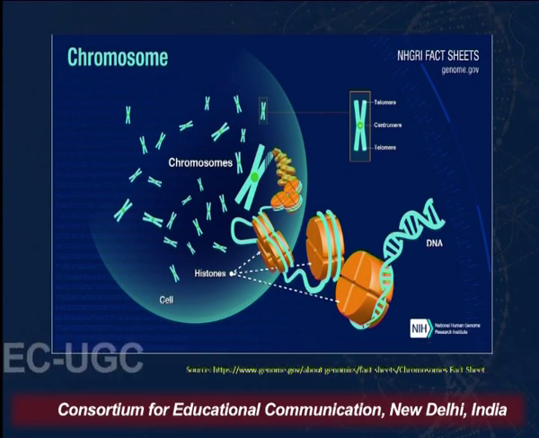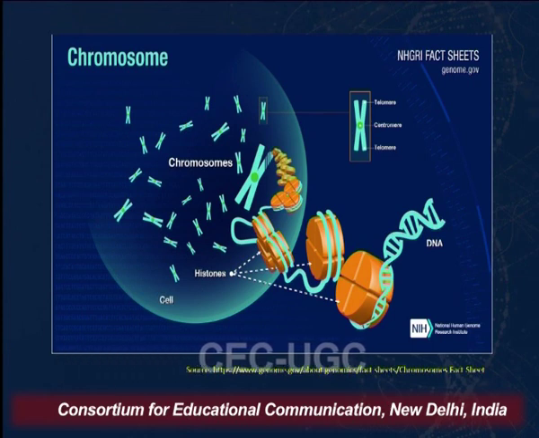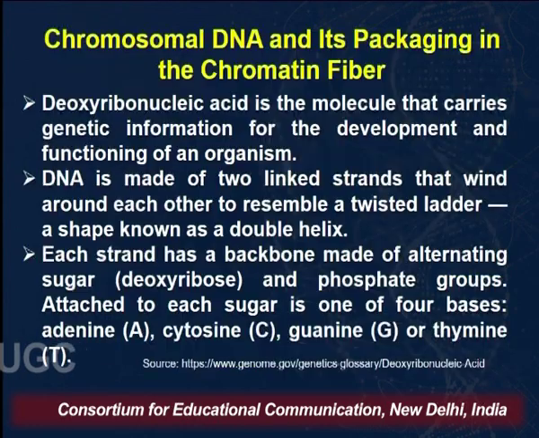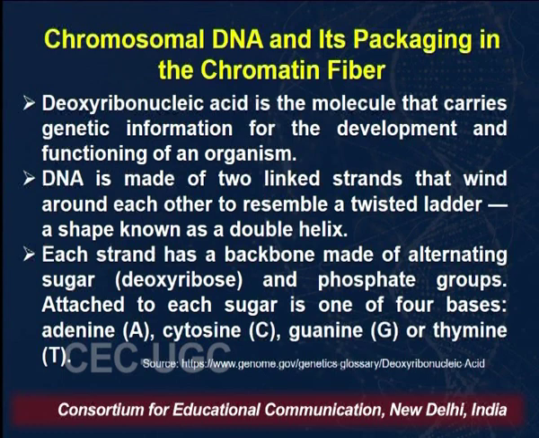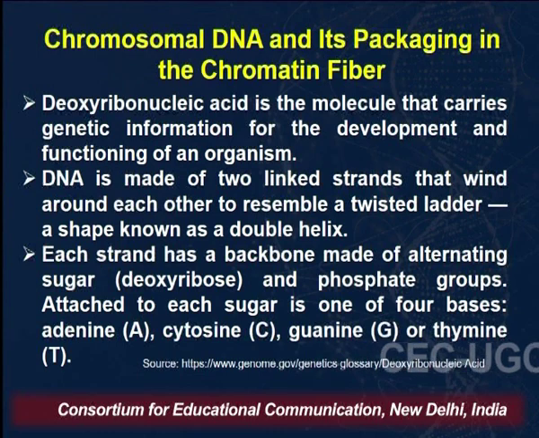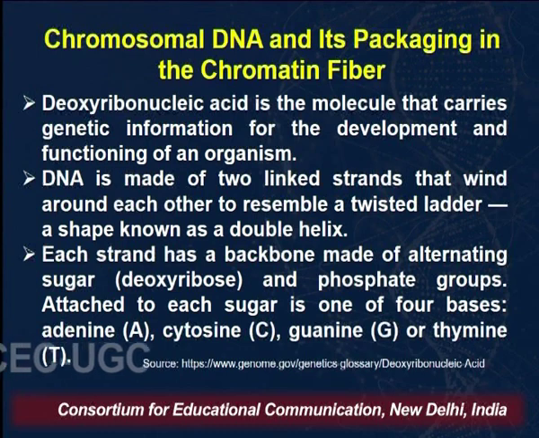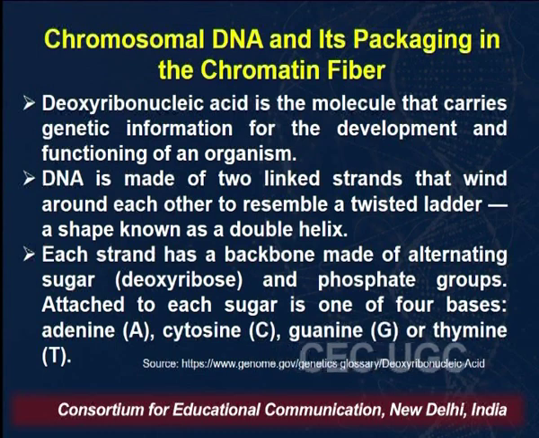Now these chromosomes are made up of DNA, which is deoxyribonucleic acid. DNA is basically a molecule that carries the genetic information for the development and functioning of an organism. It is made up of two strands which are interlinked to one another with the help of bonds. Many a time it is referred to as the double helix structure.